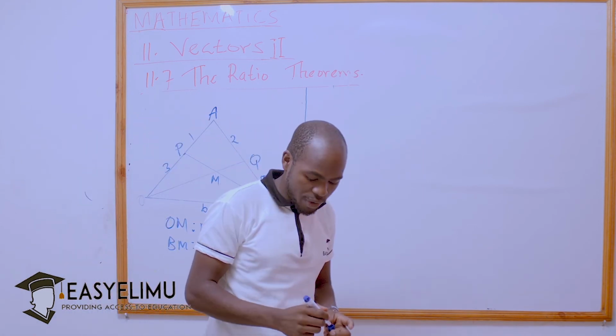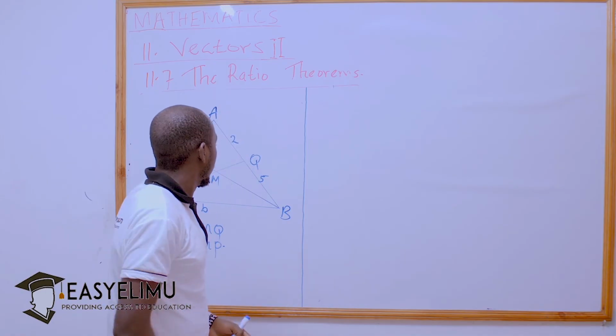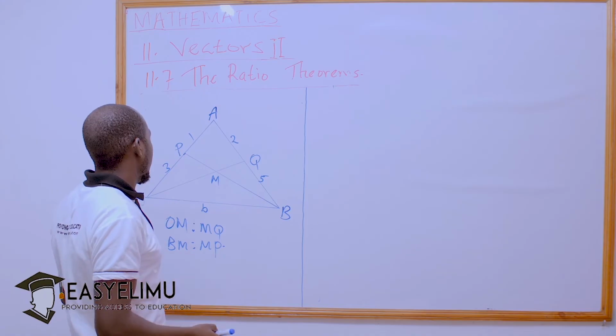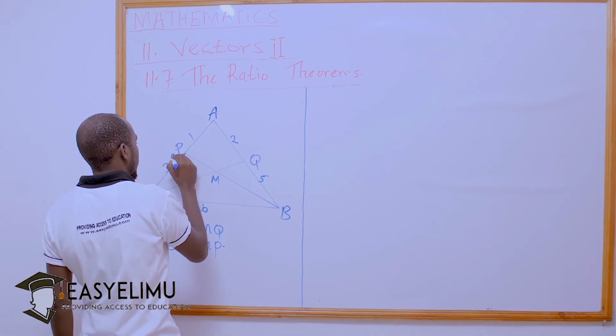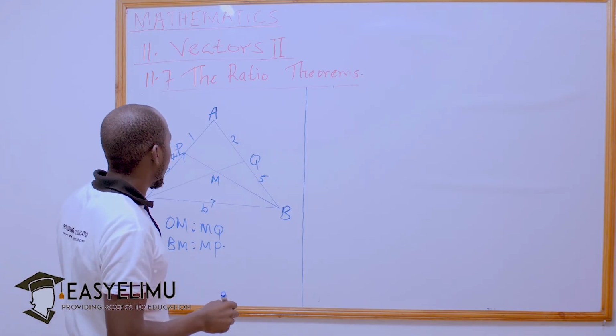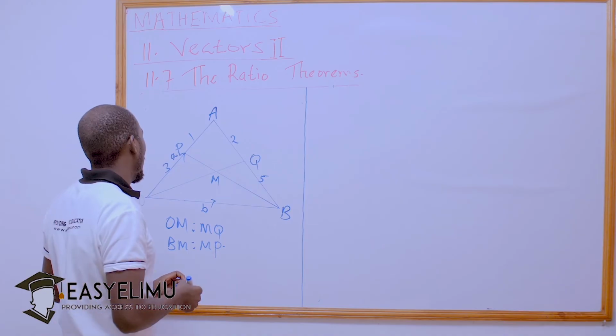Here we need to see how we can determine these given points. Now, having them like that, we know this is vector A in that direction, and the other one in the other direction. So we need to find one of the vectors using two different ways.